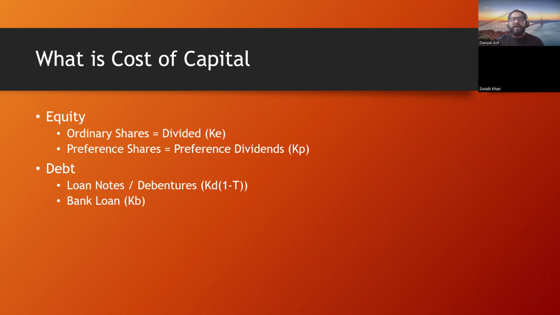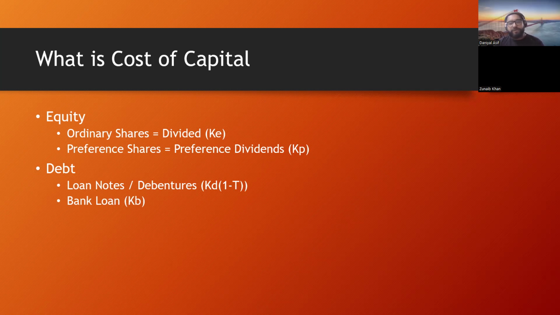But while calculating your weighted average cost of capital, in your exam, you will be writing KB 1 minus T and KD 1 minus T because interest is taxable. It gives you a tax benefit. So that is why we use KD 1 minus T and KB 1 minus T. But in the case of dividend, in ordinary and preference shares, it is not taxable. It is not a tax benefit, and it does not give rise to any refund from the tax authorities.